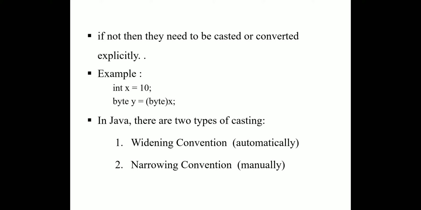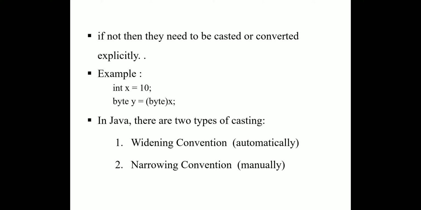Here is an example for casting. We are going to assign a value of 10 to the variable x. I am going to assign the data type int for this. Then I am going to convert it: byte y equal to byte x.